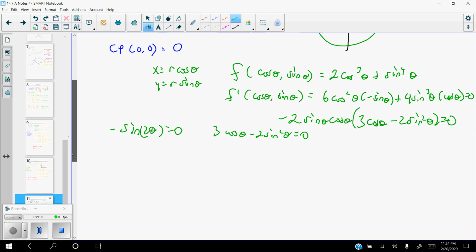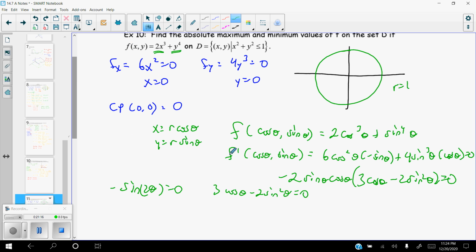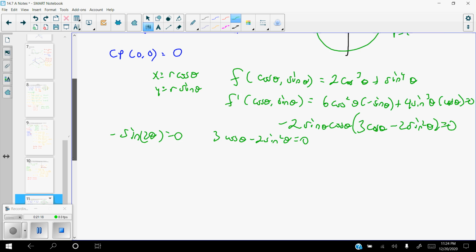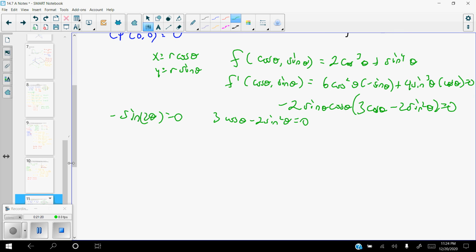All right. In the one on the right, we're going to have to do a little work because I need to change everything into terms of cosine in order for me to be able to factor it. So 3 cosine theta minus 2 times sine squared, which is 1 minus cosine squared theta. Let's see, a little distribution there.